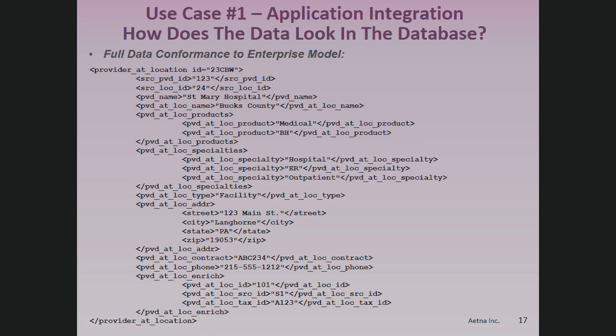XML is very easy to understand. Hierarchical is the way the human brain works. The business can look at this and they can understand it very well. This information, as it's modeled, provides that decoupling between source applications.